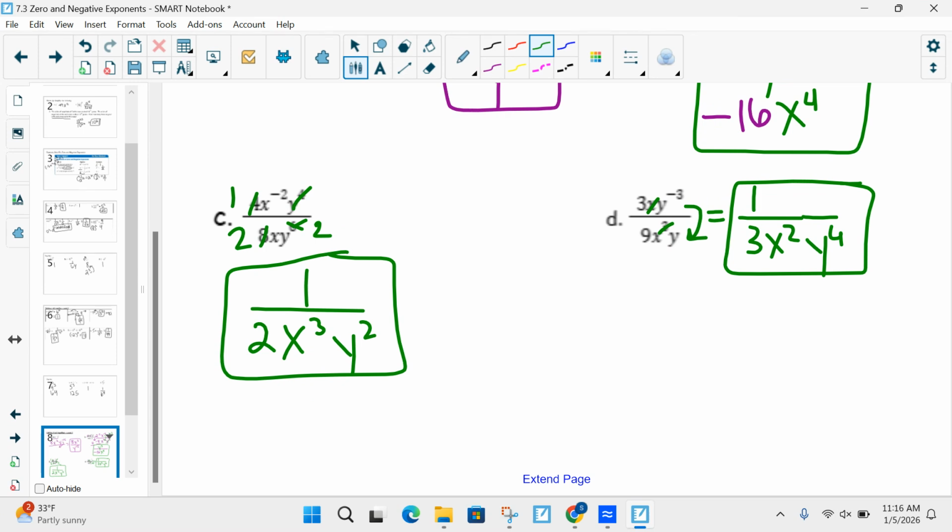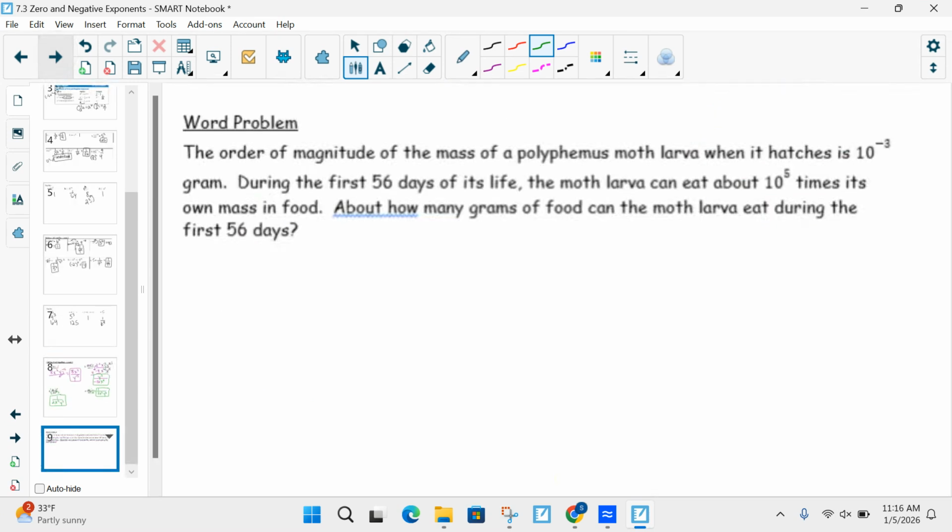And then the word problem says the order of magnitude of the mass of a polyphemus moth larva when it hatches is 10 to the negative 3rd grams. During the first 56 days of its life, the moth larva can eat about 10 to the 5th times its own mass in food.